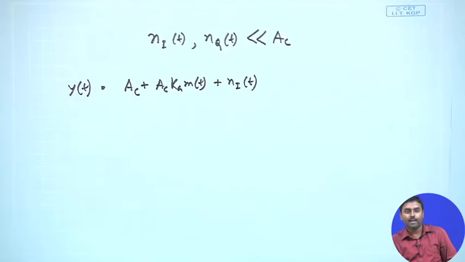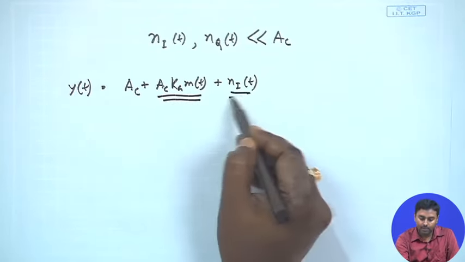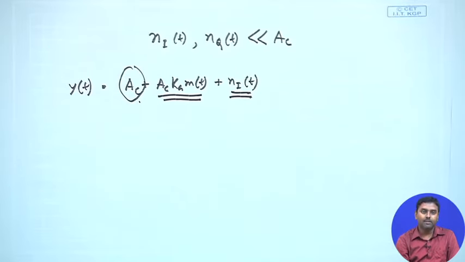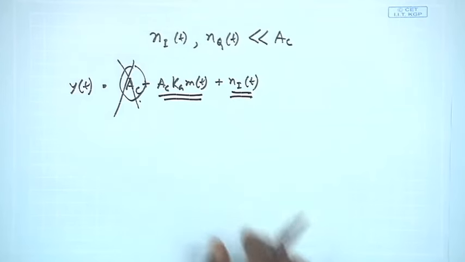So, again we get back similar things, where this is the signal part and this is the noise part. This is the DC part. We have already seen that after envelope detection, generally you will have a DC blocker which will block this part. So, this will be already gone. We will have just this power and this power. So, now we have to again evaluate the signal to noise ratio. The signal power is how much?